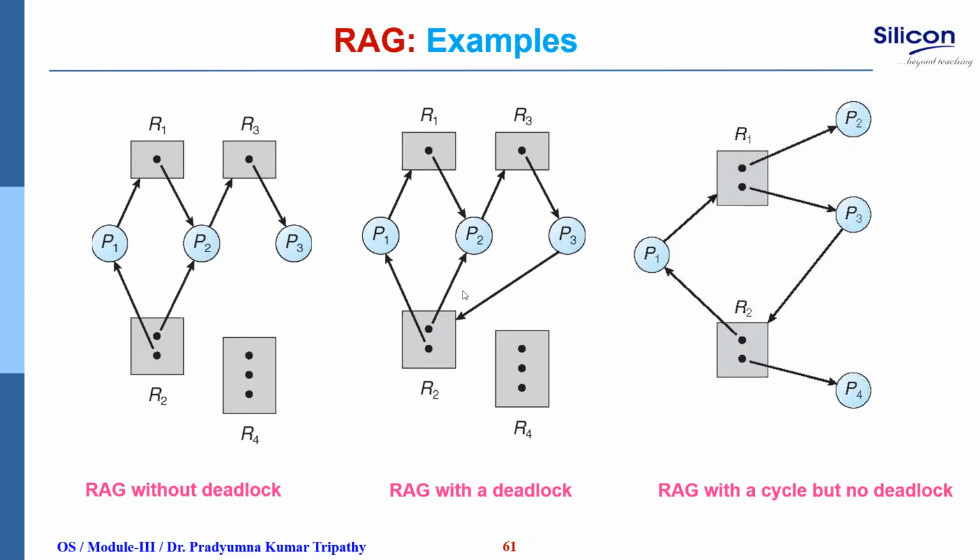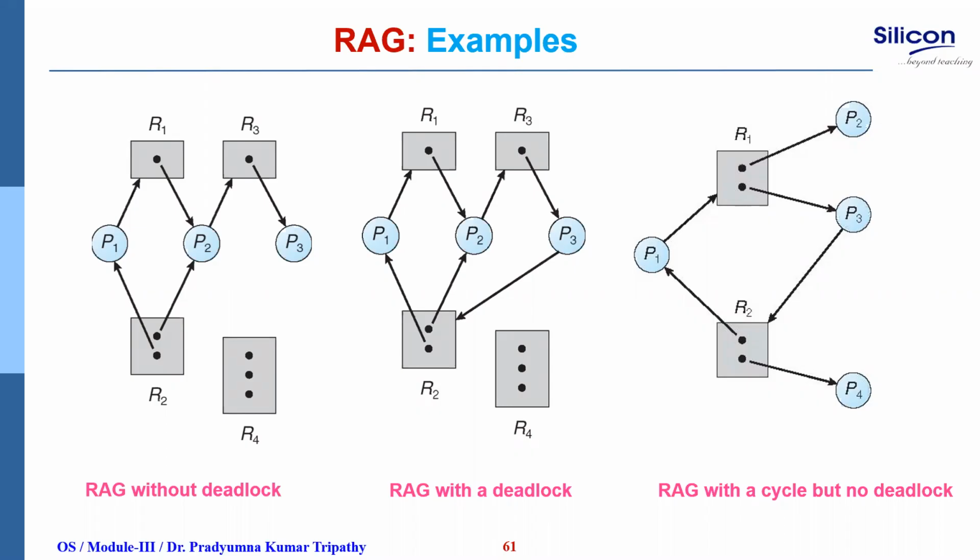Now, we say this one is in deadlock looking at this graph. But can you tell me whether the third graph is in deadlock or not? Look into this third graph. P1, P2, P3, P4 are four processes, and R1, R2 are two resources, with two instances of R1 and two instances of R2.